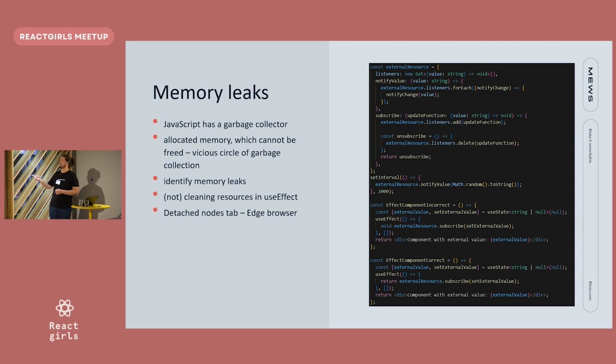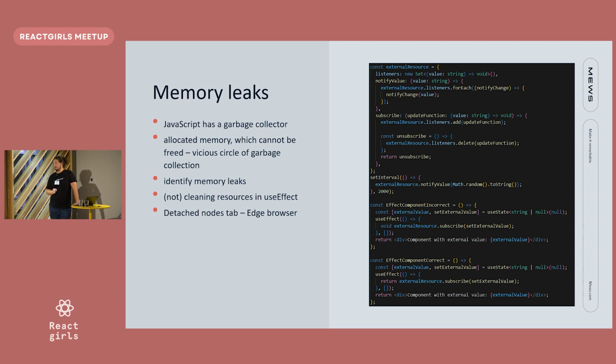And we have a subscribe function. It's easy. In the first step, we add the update function to the listeners. And we return an unsubscribe function, which will delete the listener from the set of listeners. Easy. In the next three lines, I'm just setting some heartbeat, so we will get constant updates.